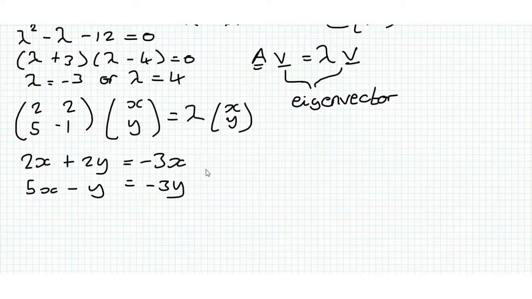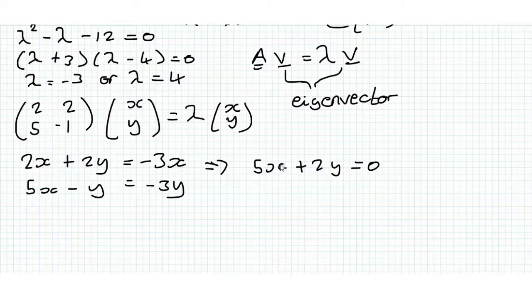Both of these equations, if you add 3x to both sides and you add 3y to both sides, give us 5x plus 2y is equal to 0. So these equations are identical. So we've got one equation for two unknowns. So we can't solve these explicitly. We can't find a specific value of x and a specific value of y, and that's because there isn't just one eigenvector for the eigenvalue, there's a set of eigenvectors.